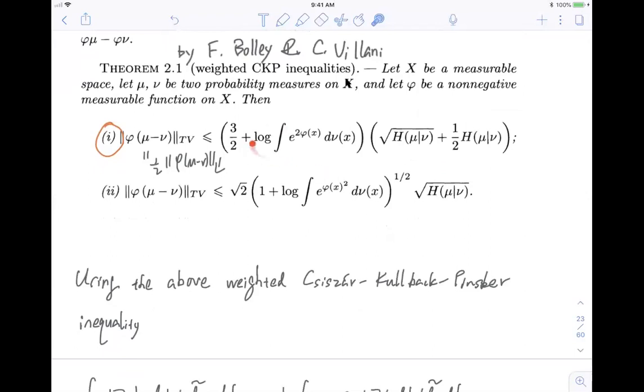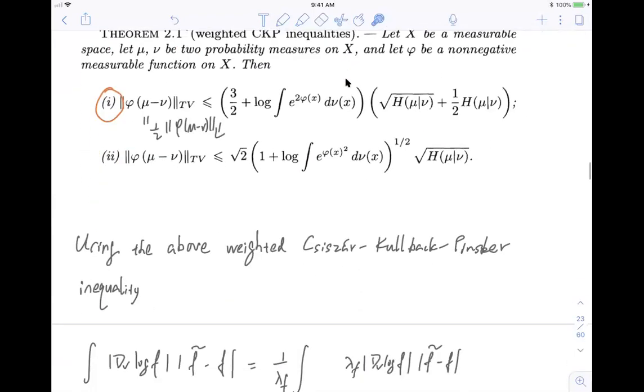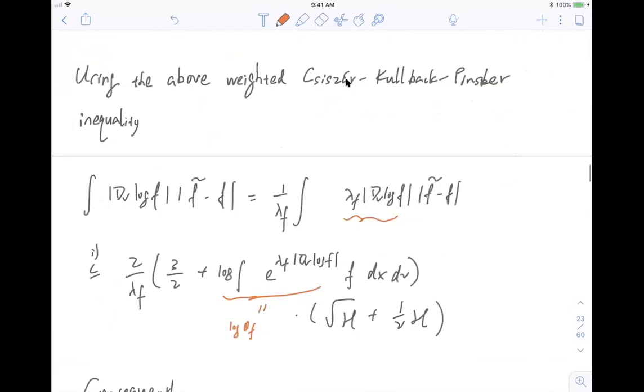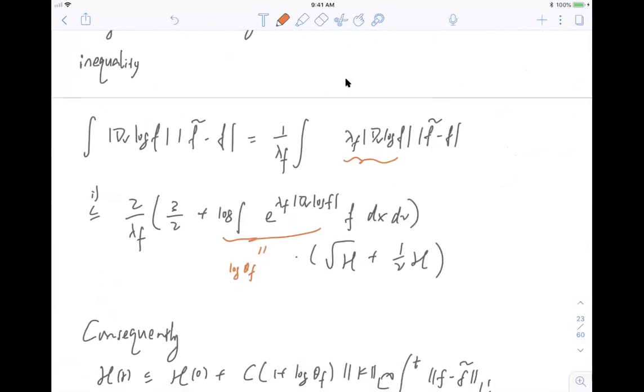If we apply this inequality and do some rescaling, in our assumption, we assume the integral of exponential of lambda times the gradient in v of log f is integrable against f.